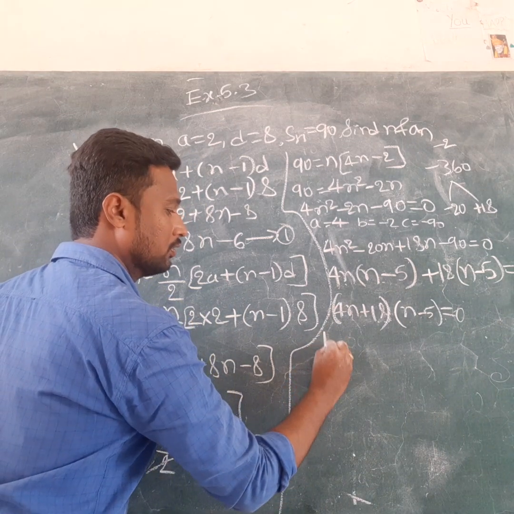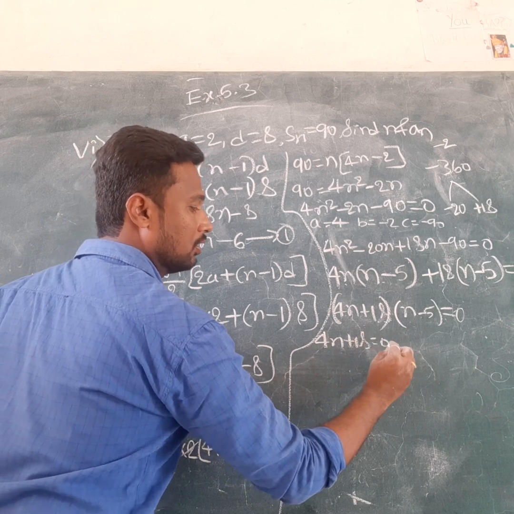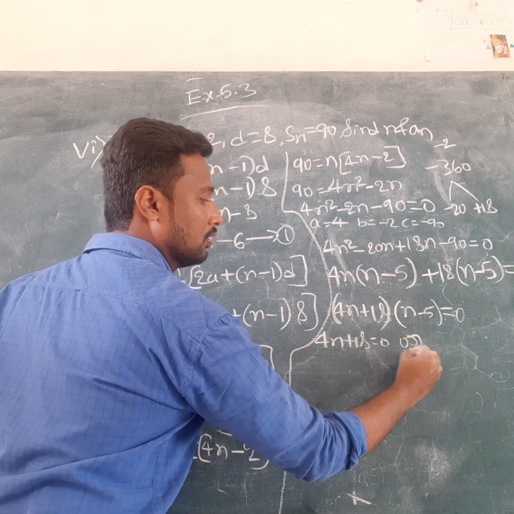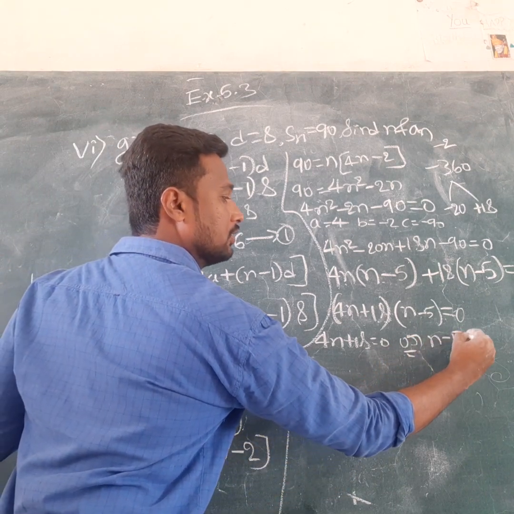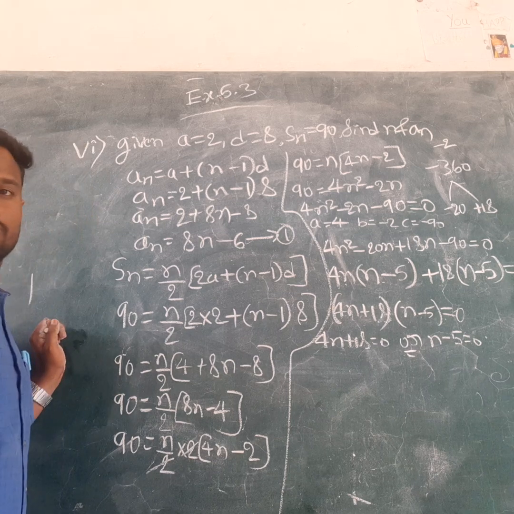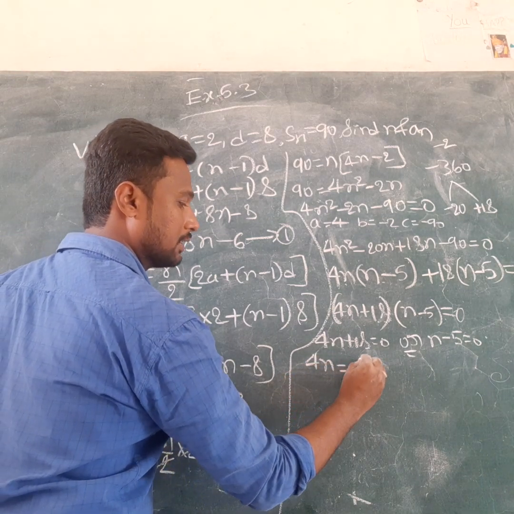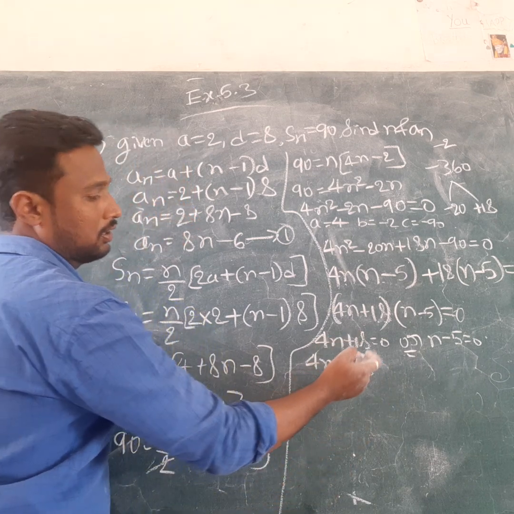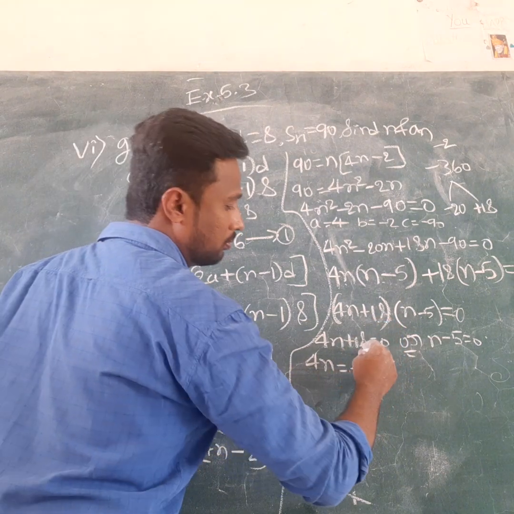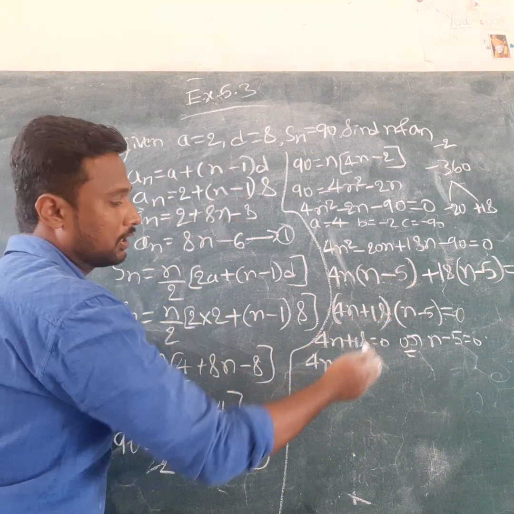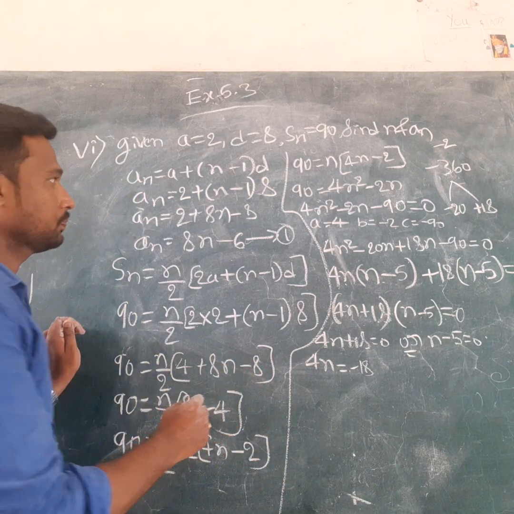So now 4n plus 18 is equal to 0, or n minus 5 is equal to 0. So now 4n is equal to minus 18. Why? Plus 18 will become minus 18 because I am taking it to the right hand side.